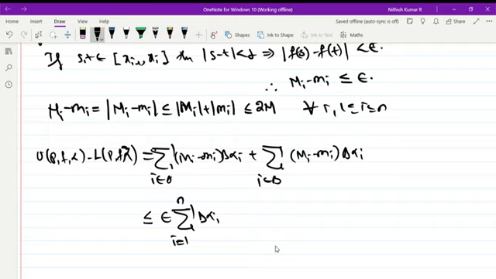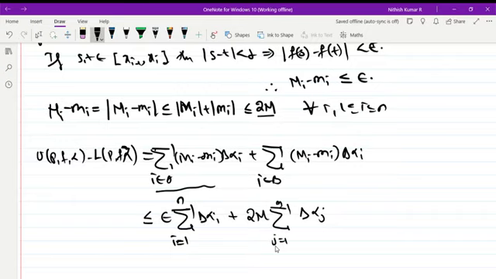Plus again capital Mi minus small mi is less than or equal to 2M, so it is 2M into the summation of delta alpha j, where j is equal to 1 to m.